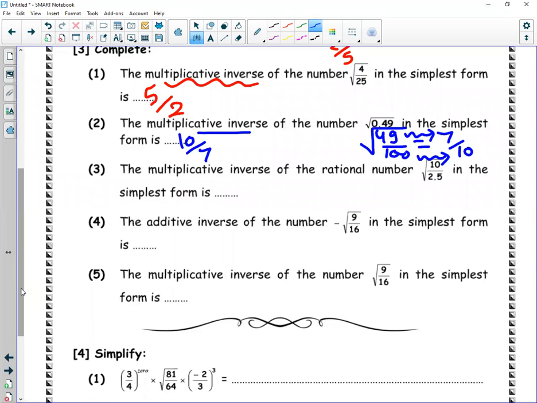Okay, 10 over 2.5 equals root 4. It is 2 on the calculator.